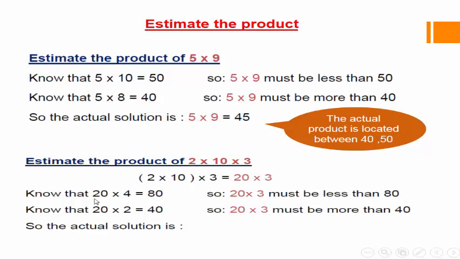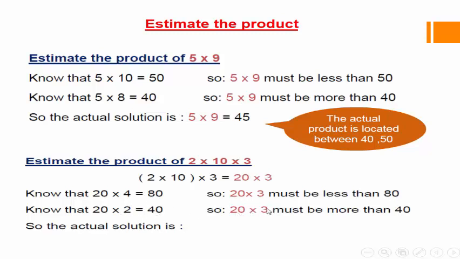So we know that 20 times 4, 4 times 2 is 8 and put the 0, so 20 times 4 is 80. 20 times 3 must be less or more? Less, yes, because 3 is less than 4, less than 80. And we have also the multiplication problem 20 times 2. 20 times 2 is 2 times 2, 4, and put the 0, is 40.